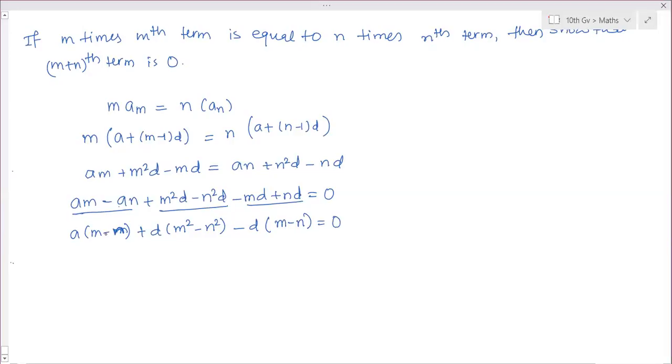Because you can see here m minus n is there, m square minus n square. So here also we need m minus n. So therefore, take m minus n common from this. So what is left in the bracket? Yes, ma'am, a plus d into m plus n minus d.